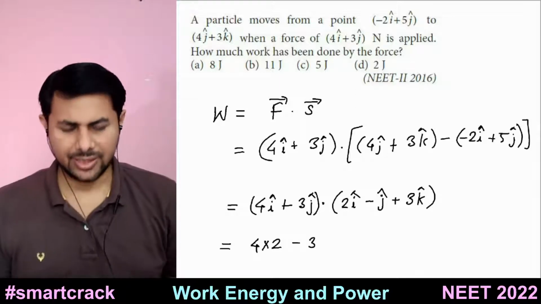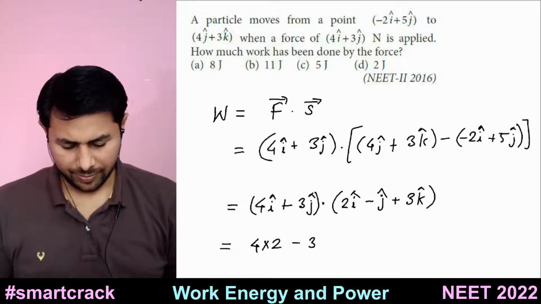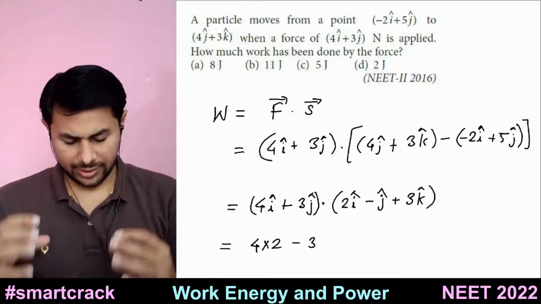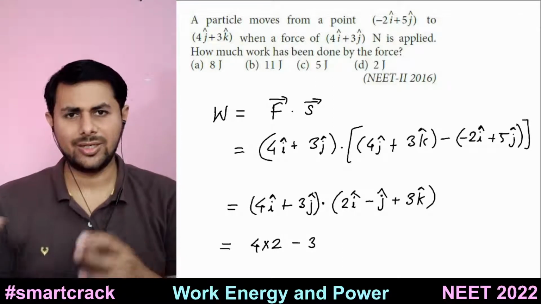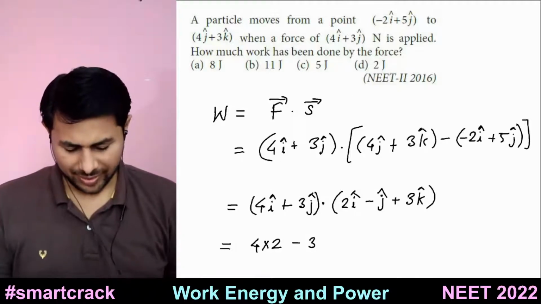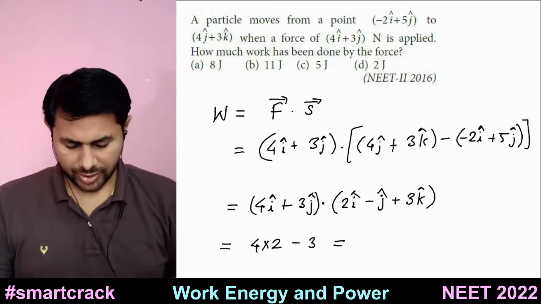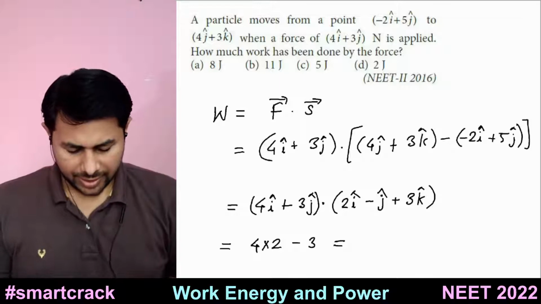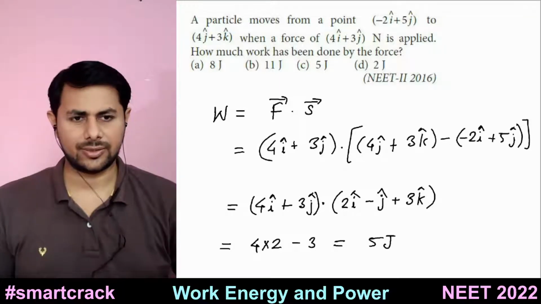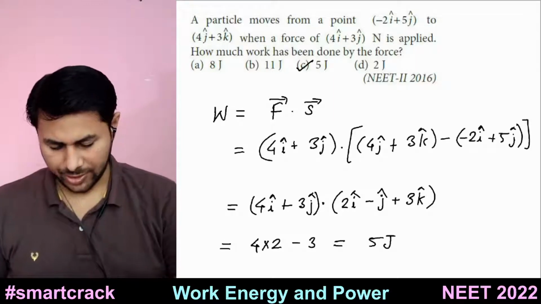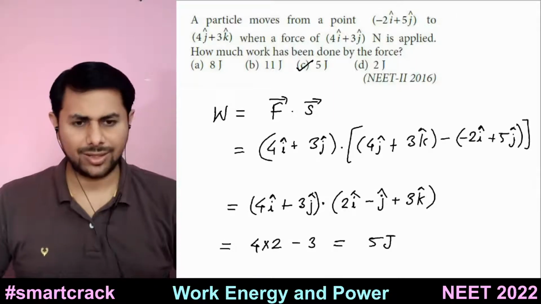And there is no k term over here. So there is no need of multiplication. Or you can say 0 k times 3k. Okay, so k times k is 1. 0 into 3 is 0. Okay, so this gives us what? 8 minus 3. So it is 5. 5 joules is the answer. Okay, option C. So is it clear?